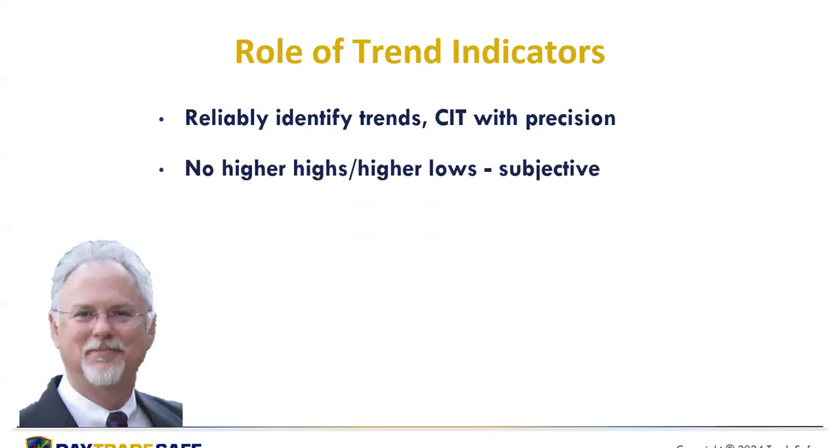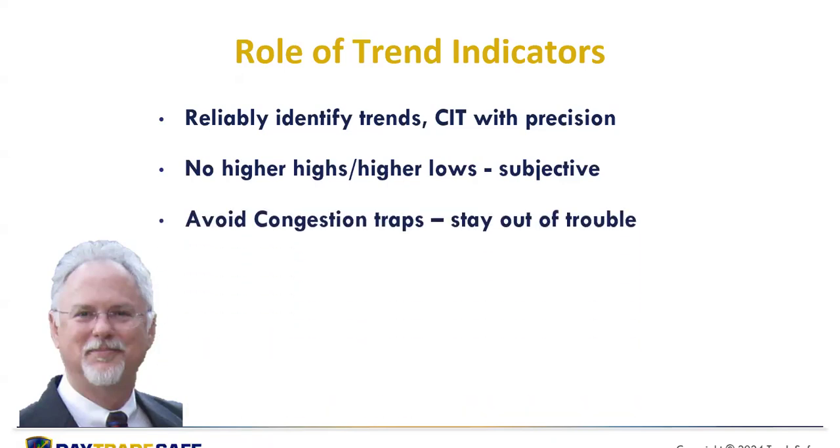But above all, stay away from that subjectivity. No higher highs and higher lows and all that jazz, okay? Stay away from congestion. This particular indicator is going to let you know if it's pending. So you can maybe say, I don't think I'm going to get ready for this trade. It could be going into congestion and be stuck.